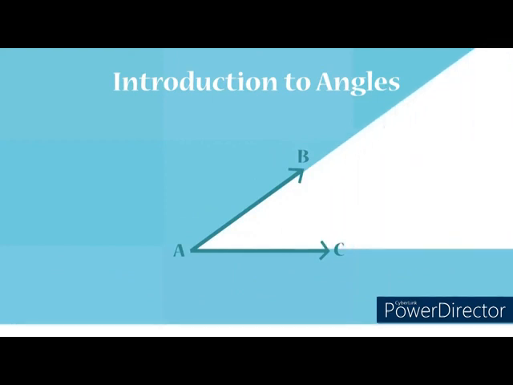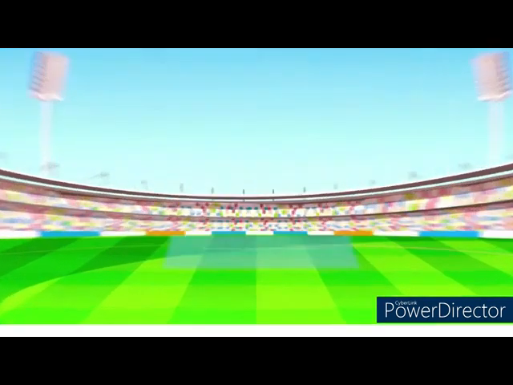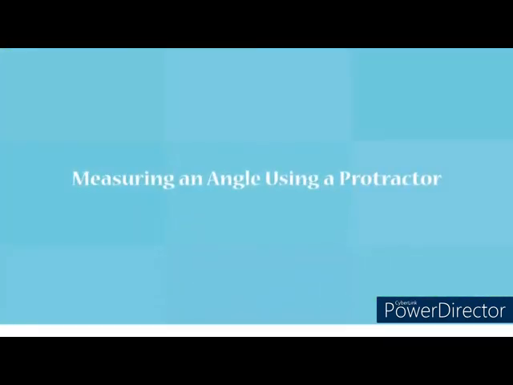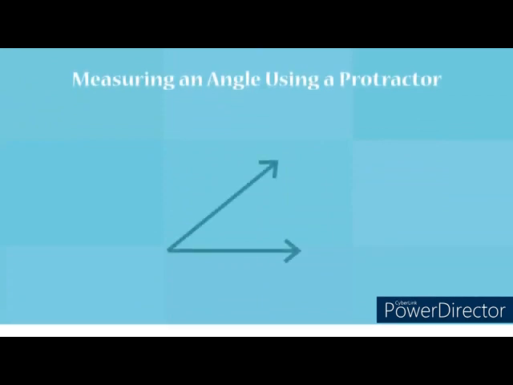The angle formed inside is called the interior angle, and the angle formed outside, the other part, is called the exterior angle. Now let us see how to measure an angle using a protractor. This is a ray of a line that goes in one direction, but at one point they meet and intersect. That point is called the vertex.